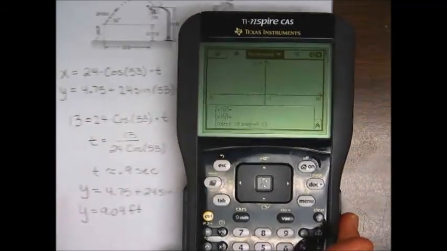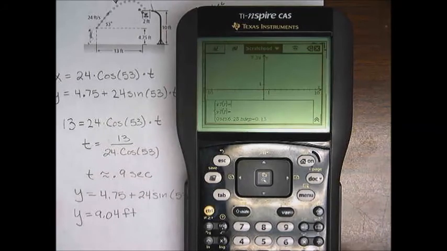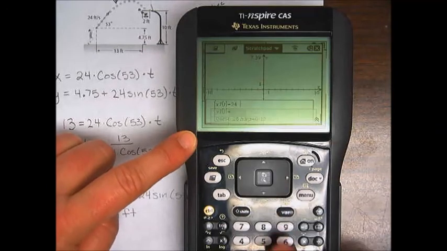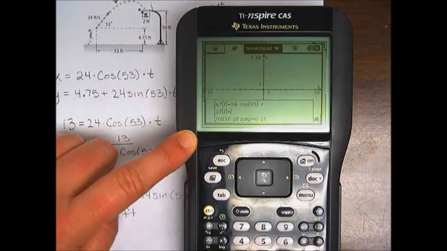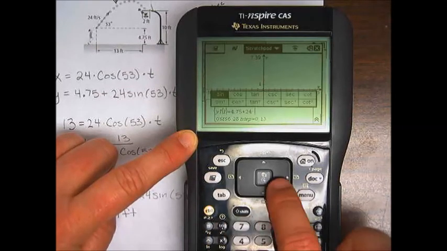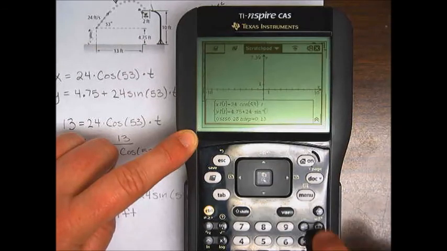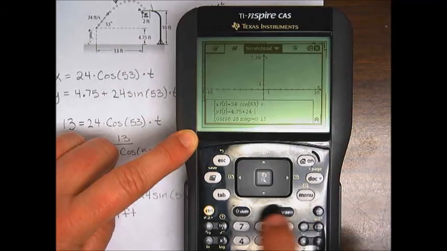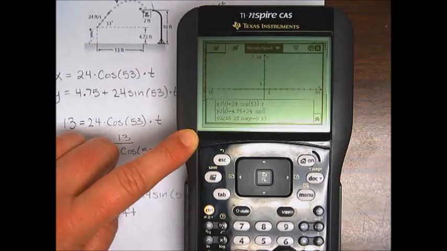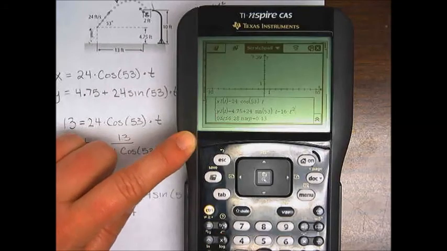So my first equation for the horizontal distance is 24 times the cosine of 53 degrees times t, and for vertical 4.75 plus 24 times the sine, oops, that was inverse sine, times the sine of 53 degrees times t minus 16 times t squared.